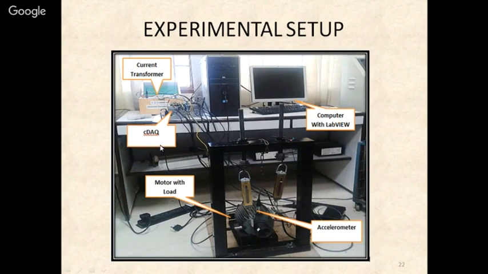Then we have this loading arrangement which can be used to load the motor. And then we have a data acquisition system which is CDAQ provided by NI National Instruments. We have a current transformer here. The signals from this motor are fed to the computer which can be further analyzed using various algorithms.